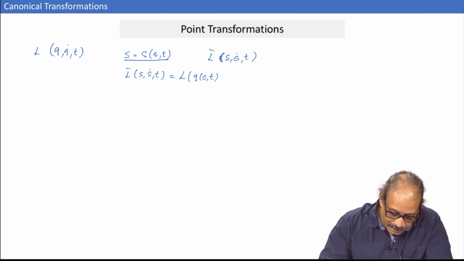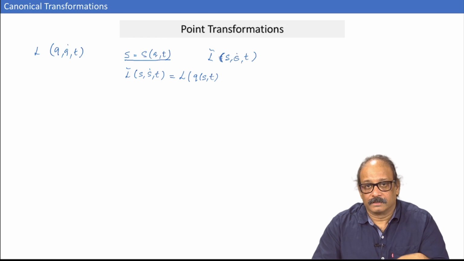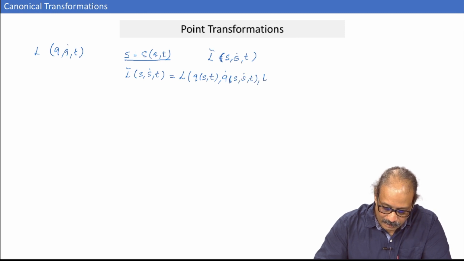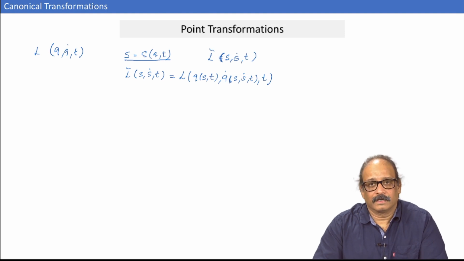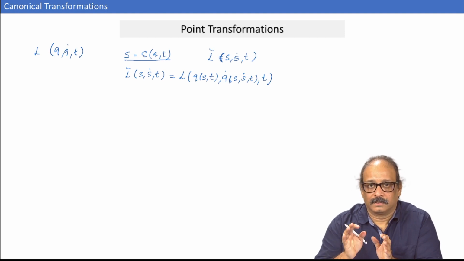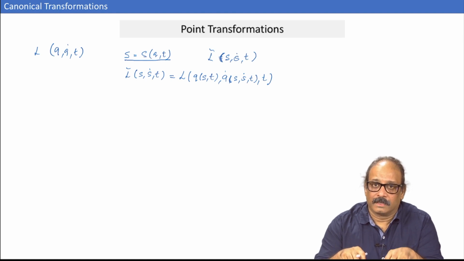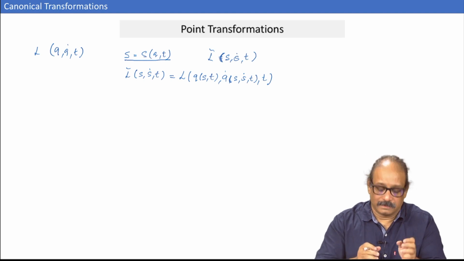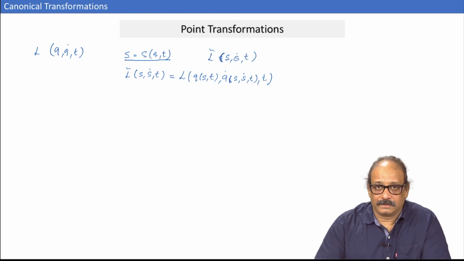Remember, for that you have to invert this equation, and then q dot is written as a function of s, s dot and t, and maybe time itself. Okay. So, this is a simple procedure. You have a function, you take the old coordinates and somehow find the new coordinates through the transformation equations and substitute, and you get the new Lagrangian there.